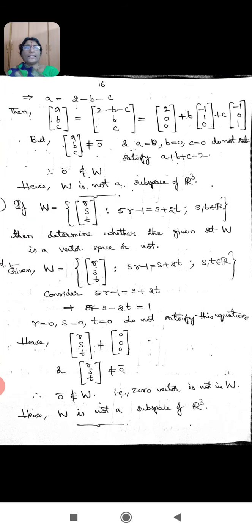Similarly, plus C times (-1, 0, 1), because C has the coefficients -1, 0, 1 in the left hand side vector.